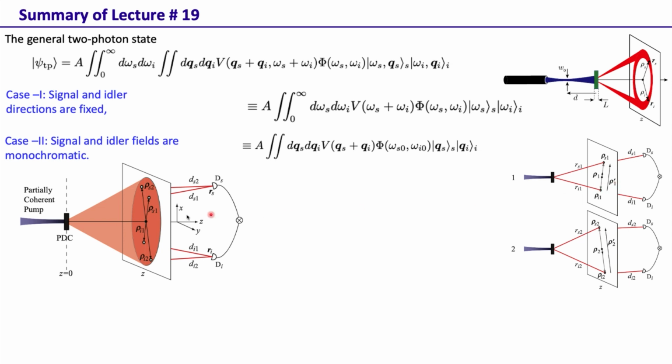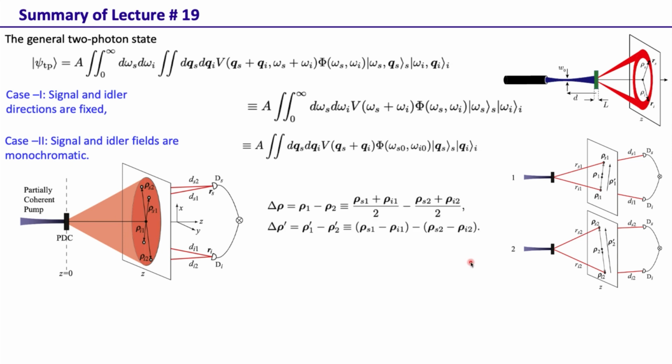In alternative one, the two photons go through the holes located at rho S1, rho I1, and in the other alternative, the two photons reach the detector through the holes at rho S2 and rho I2. So these are the two alternative ways in which the down converted photons can reach the detector and get detected in coincidence. Two-photon interference happens if these two alternatives are indistinguishable, or coherent with respect to each other.